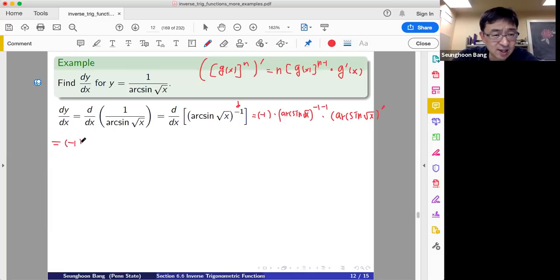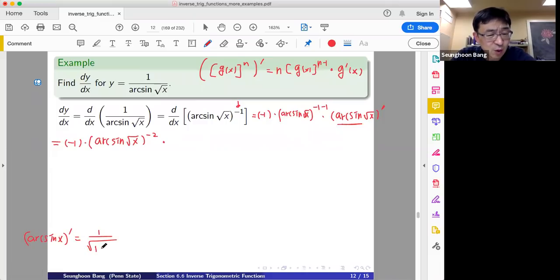Minus 1 times arcsine root x to the negative 2 times the derivative of arcsine of root x. You can use the chain rule again. What's arcsine prime here? For arcsine of x, the prime is 1 over square root of 1 minus x squared. You can use it.